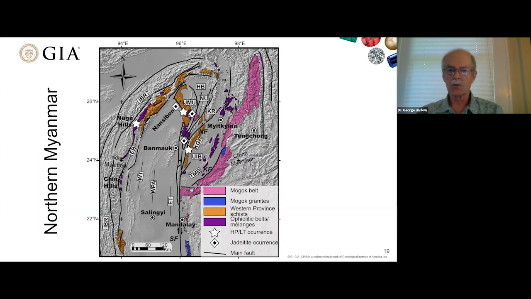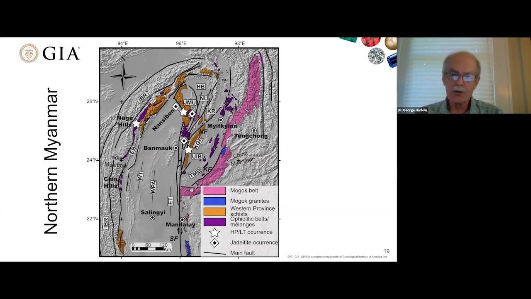So let's go on to these places where you can find jade, looking at a geologic map, but keyed into tectonic structures and major bodies. So this is the northern part of Myanmar, and this fault here is a transform fault. It's the Sagaing fault. It's a major fault in Myanmar, much like the San Andreas is in California.